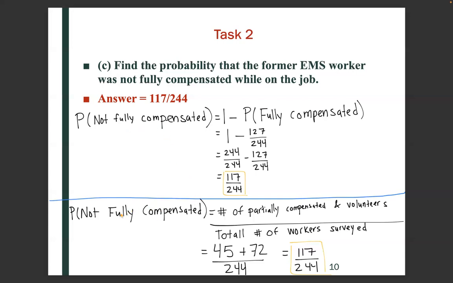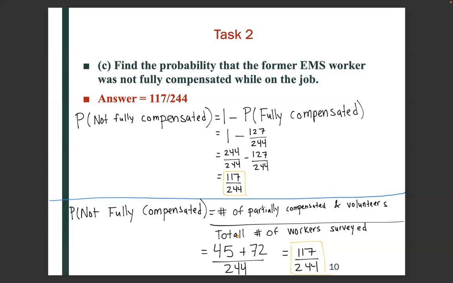Or we could solve it in a straightforward way. The probability that the former EMS worker was not fully compensated while on the job equals the number of partially compensated workers plus the number of volunteers, divided by the total number of workers surveyed. The total number of workers surveyed is 244.